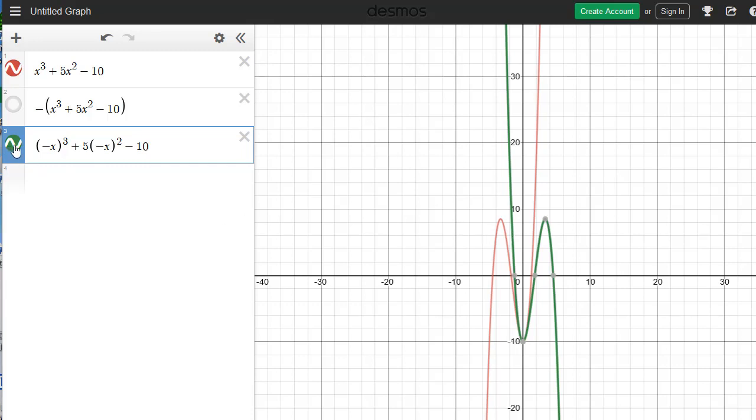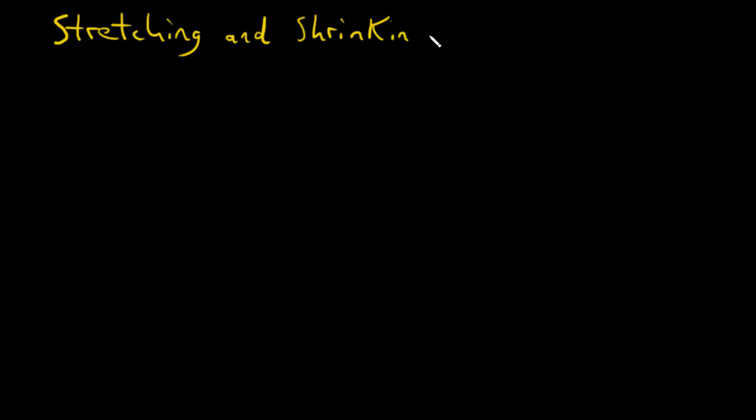All right, so now that we've done that, let's go back and start in on the very last transformation. Okay, so the last type of transformation is going to be stretching and shrinking. And this is a little bit complicated, but it's not too terribly bad.